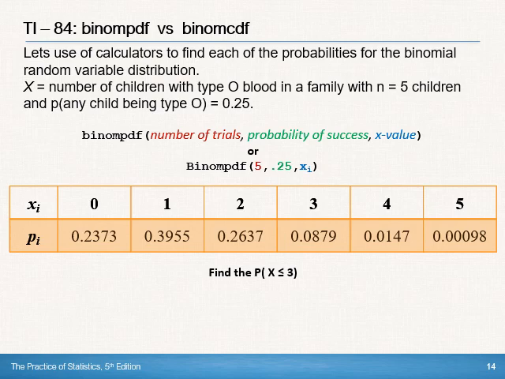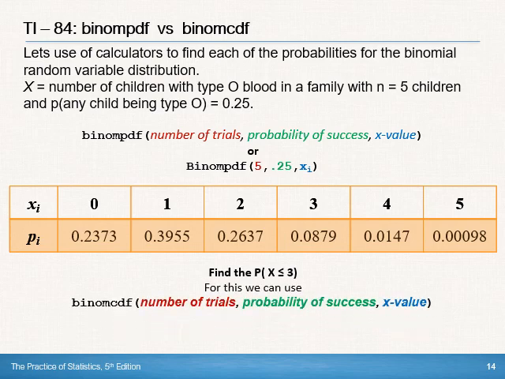So we have another method for doing this in our calculators, and that is using Binomcdf. You want to do, again, second vars, which takes us to the distributions, and go to Binomcdf. CDF stands for Cumulative Distribution Function. What this does is calculate the probability for the x value you put in and everything below it.